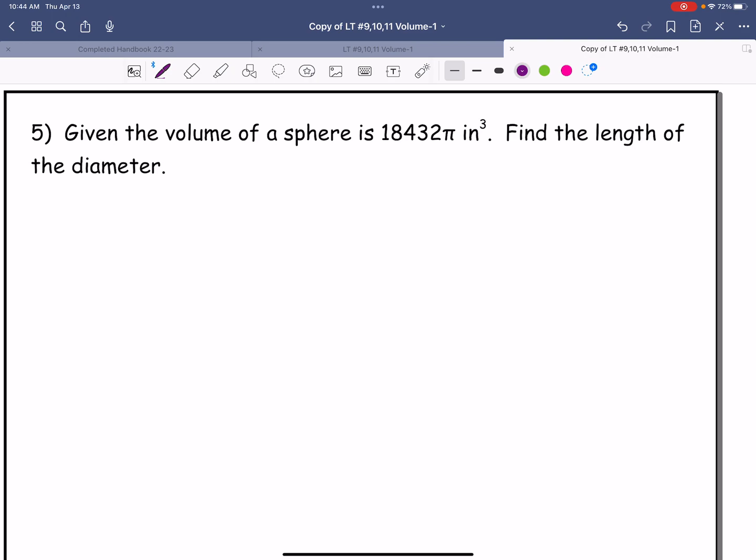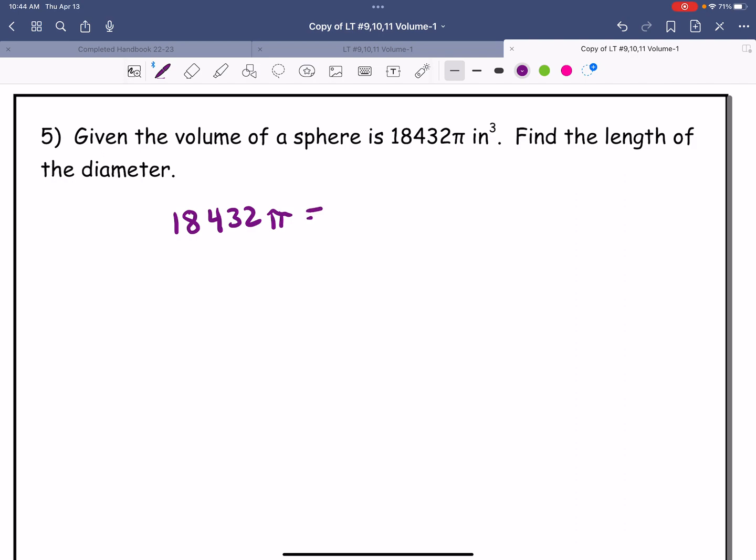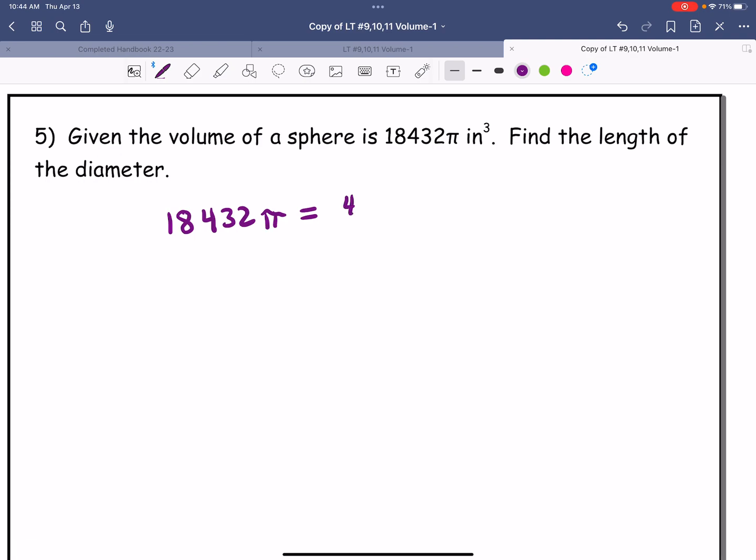Given the volume of a sphere is 18,432 pi inches cubed, find the length of the diameter. Now that is equal to the formula for a sphere, which is 4/3 pi radius cubed.